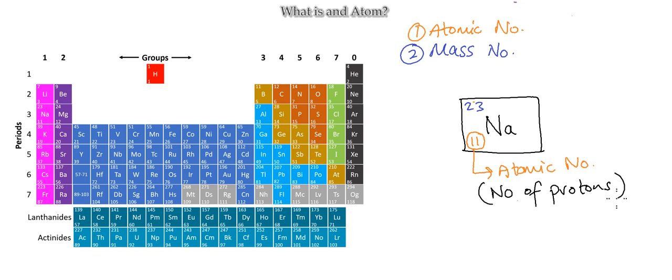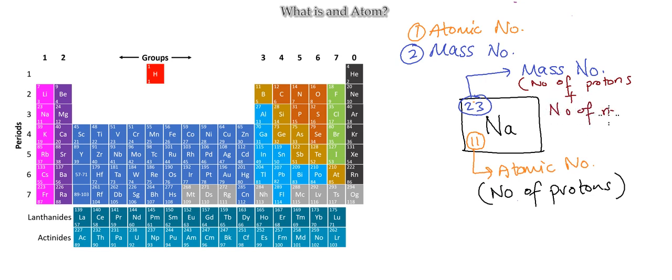And then the top number, 23, would be the mass number. And what does the mass number tell us? The mass number tells us the number of protons plus the number of neutrons.